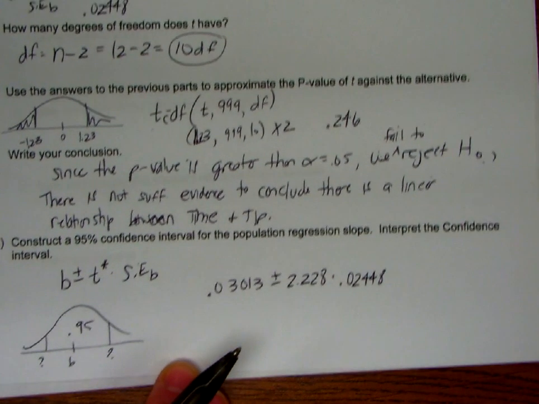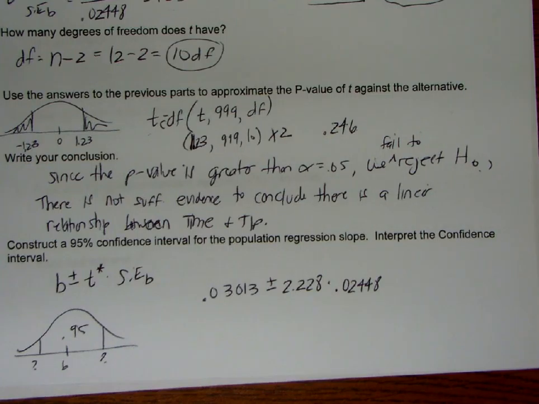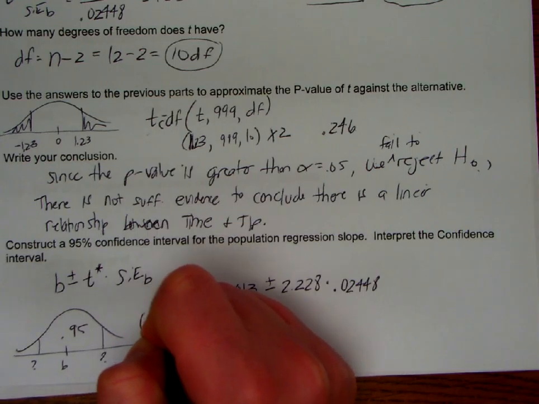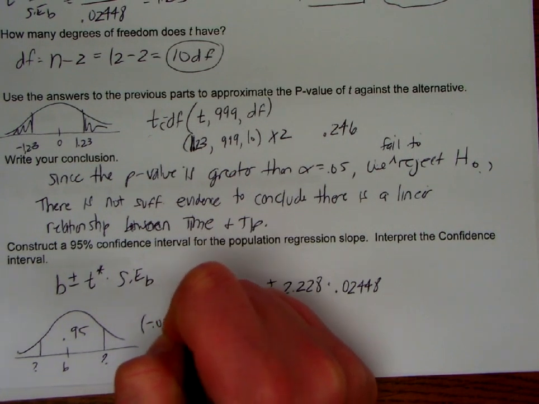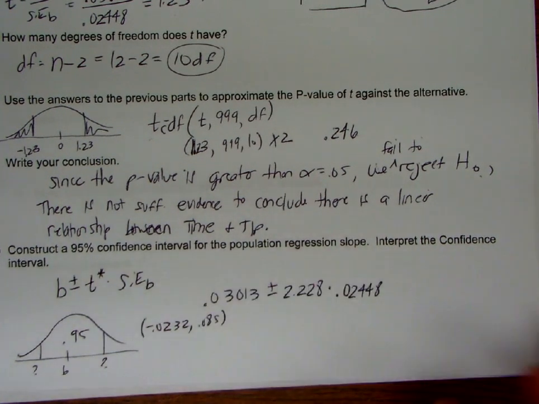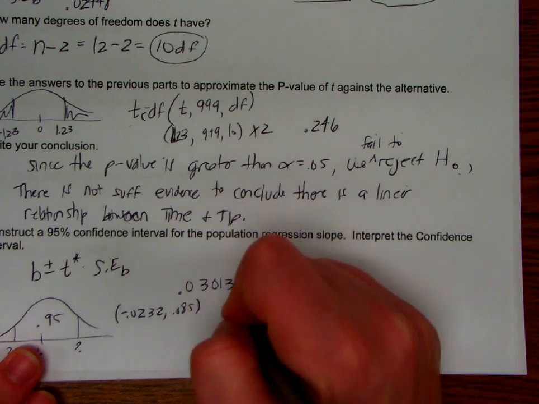So now you're just going to have to type those numbers in, add, and then subtract. And pending I did not make a mistake, I'm getting negative 0.0232, comma 0.085. So we interpret our confidence interval.